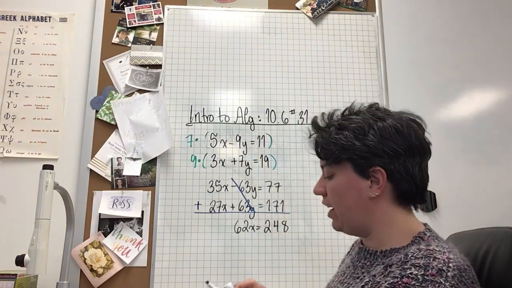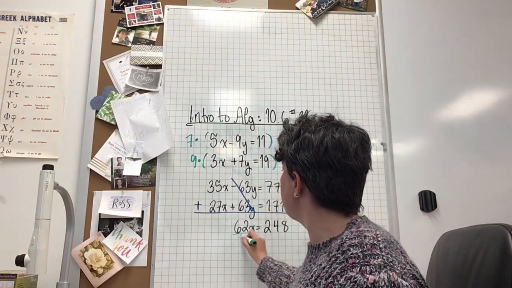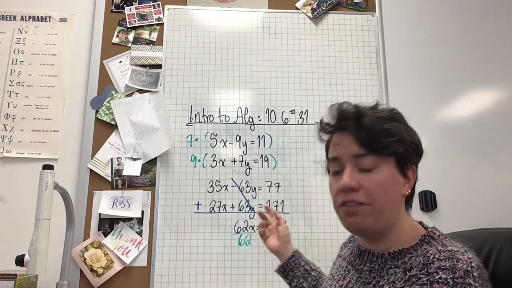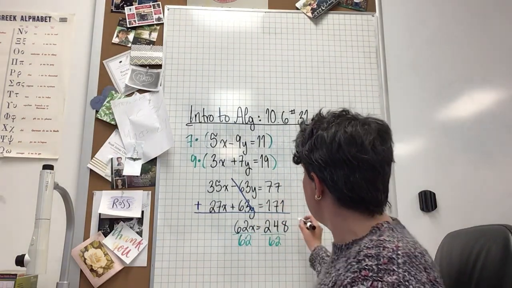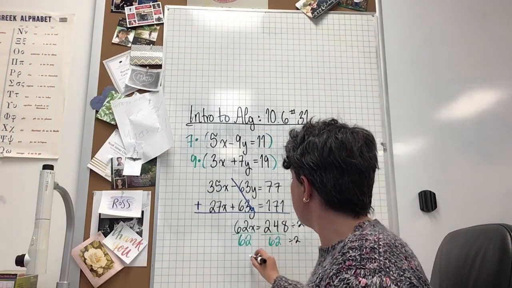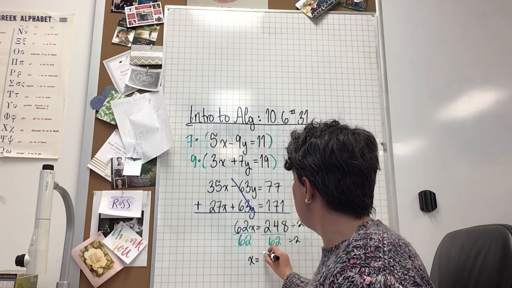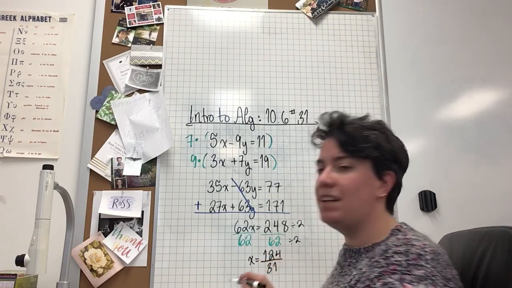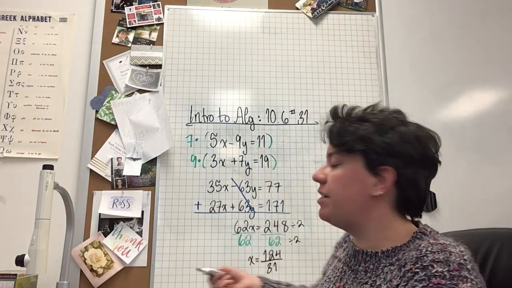Now I'm solving for x, so I'm going to divide by 62 on both sides. And hopefully I see here that x can be simplified by at least, we can start with 2. So I can say then x is equal to 124 over 31.